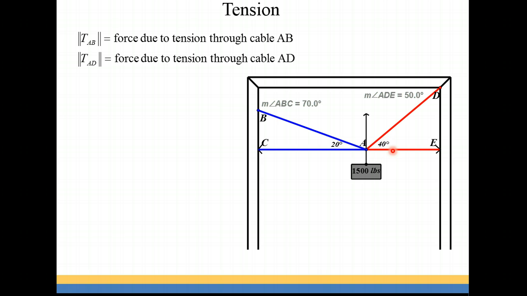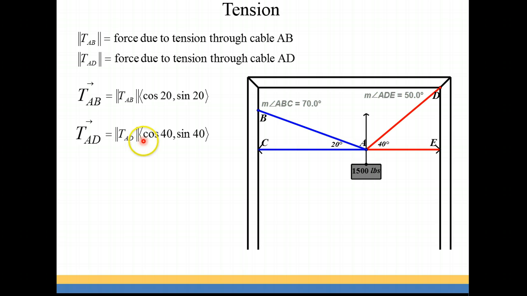So that's going to be the horizontal components of the vectors that represent the tension in the two cables. So the tension in cable AB is the magnitude of the tension times cosine 20, sine 20. And for cable AD, it's the magnitude of the tension times cosine 40, sine 40, using those angles.